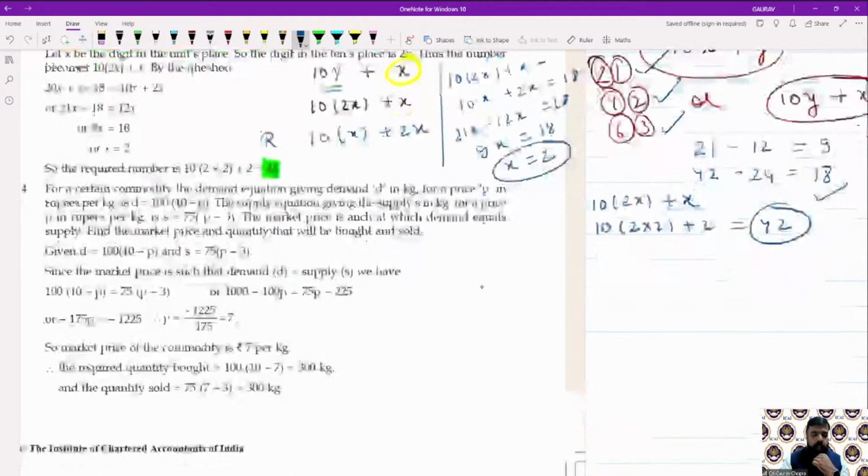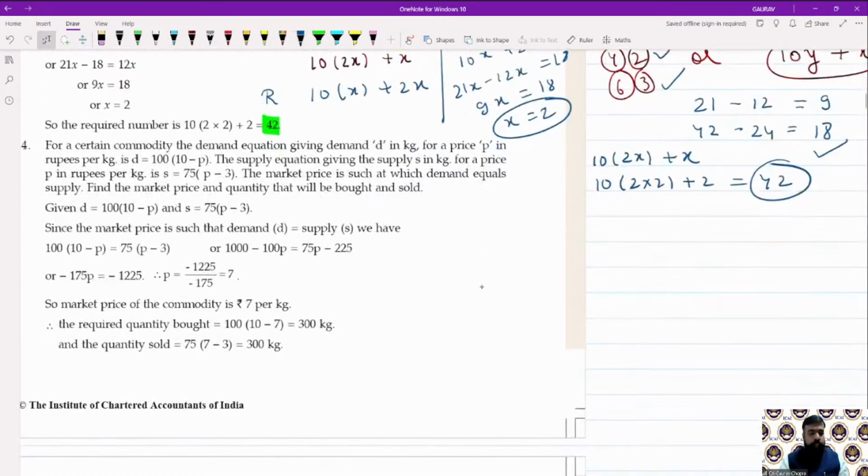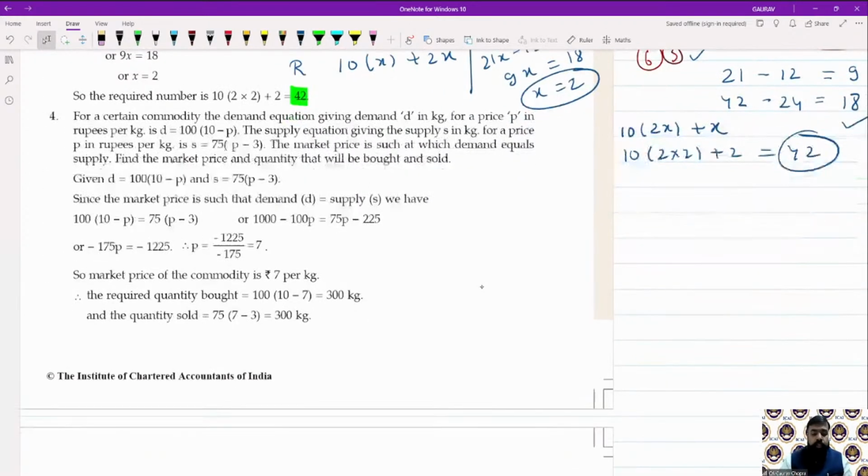Great. So this was illustration number 3. Now let us move towards illustration number 4. For a certain commodity, the demand equation giving demand in kilograms for a price P in rupees per kg is D equals 100 into 10 minus P. So what is given?